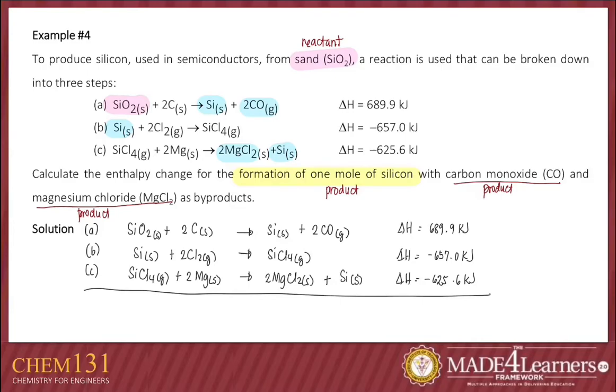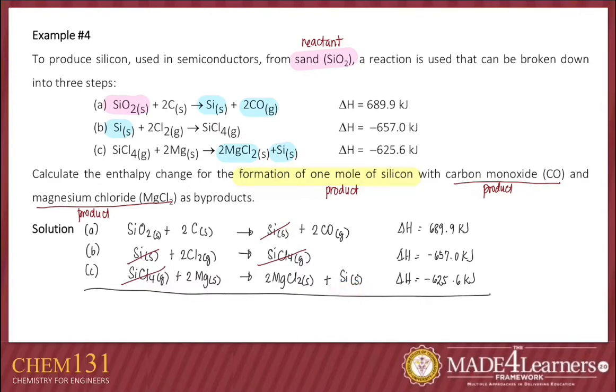As we can see, SiCl4 is here. This one is on the reactant side, and the other is on the product side, with the same coefficient, so we can cancel them. Cancel. Okay? Next, what else can be cancelled? Take note that there are three Si. 1, 2, 3. So, this Si and this Si can also be cancelled. So, one Si remains here.